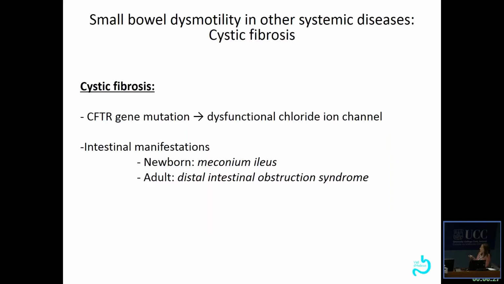And last, we actually have a poster today about this, but I'll just mention it very fast. We've also studied some patients with cystic fibrosis. It's a lung disease, but it also affects the small bowel. It's due to a dysfunctional chloride ion channel. The intestinal manifestations are very typical. In the newborn, it's the meconium ileus, and in the adult, it's the distal intestinal obstruction syndrome.